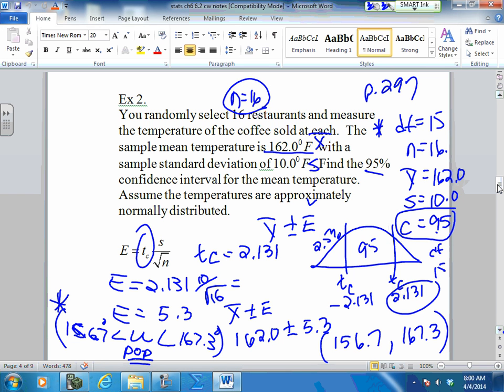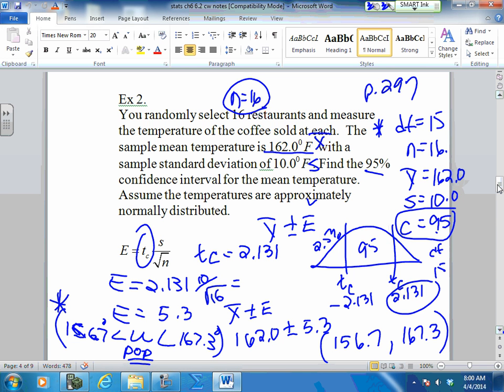I only did a sample of 16, and I took track of their temperatures of coffee. You feeling this a little bit? Okay, so you're going to try it yourself too on the top of the next page. You're going to create a 90 and a 99% confidence interval for this. What's going to change?